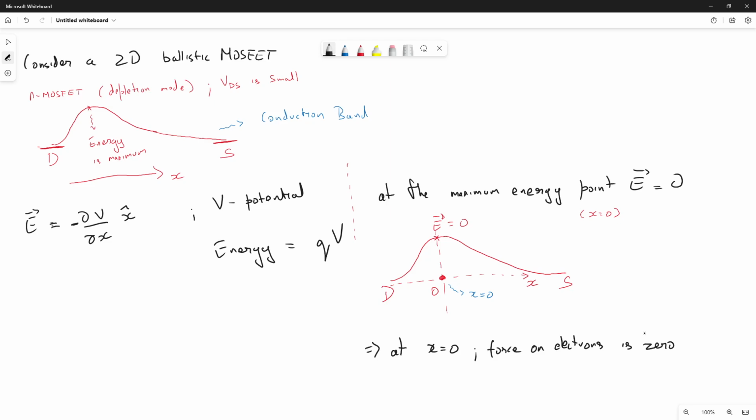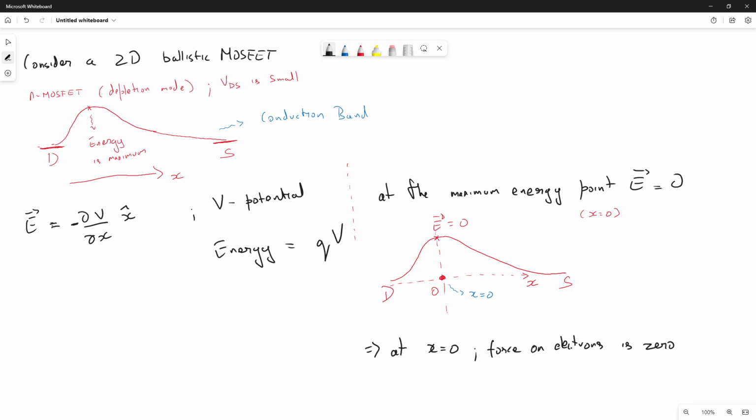So essentially, when we say that the mean free path is comparable to the channel length, what we are saying is there are no collisions. Since there are no collisions, no external force is applied upon the charge carriers. That is equivalent to saying no external force.